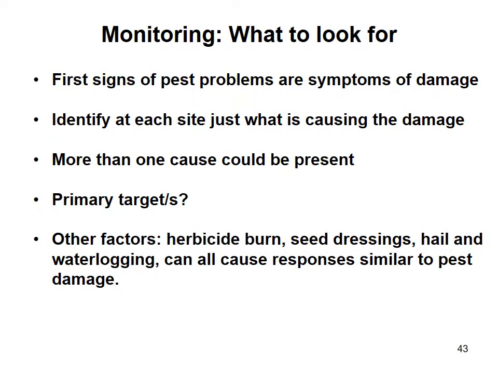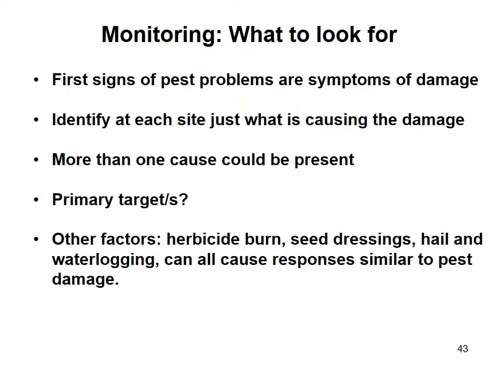Monitoring, what to look for. First signs of pest problems are symptoms of damage rather than observations of pest numbers. And it's important to recognise that several different causes may lead to almost identical damage. So it's important to look at each site and identify just what is causing the damage.